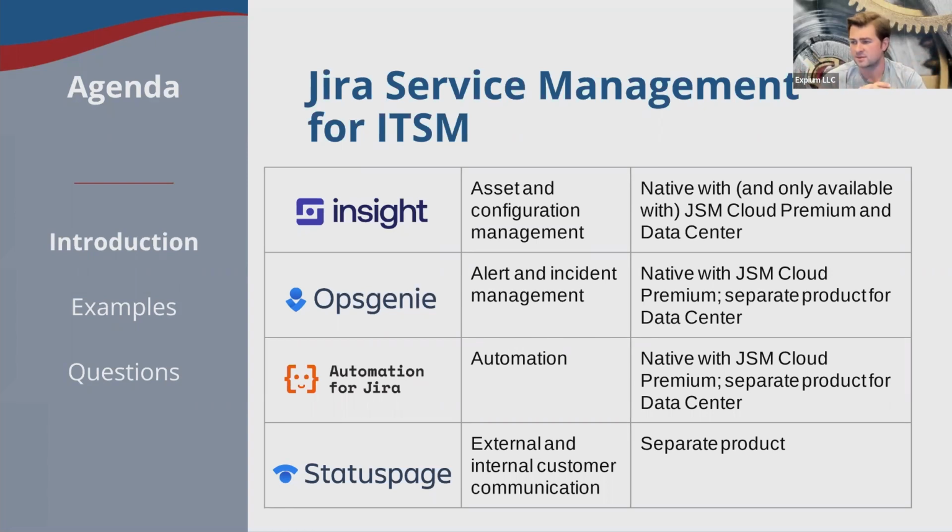And automation for Jira is now built into Jira Cloud. However, a lot of the automations you are going to see throughout these specific demos do use what is called global automation, or cross-project automation. And you can do those in the standard version of Jira Service Management.